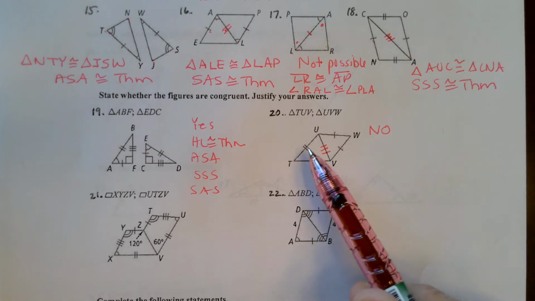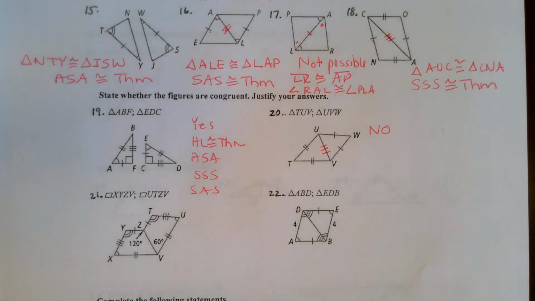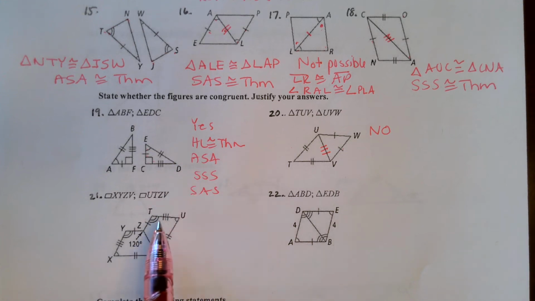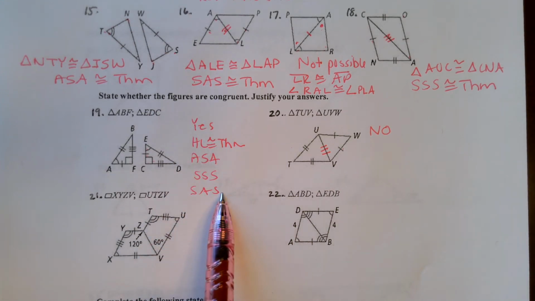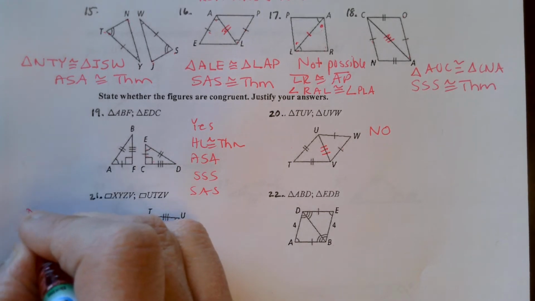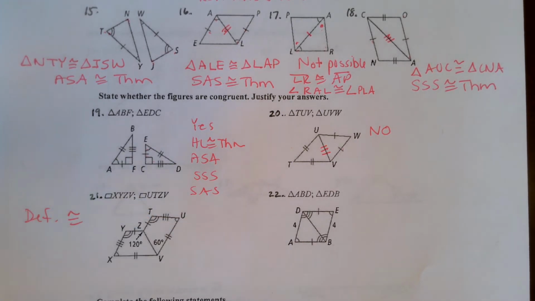That's not helpful. I need them to match in the other triangle. So that is not SSS. All right, oh, we got a fourth thing going on here. Okay, well, that's fine. We can't use these if we have four sides. These are just for triangles. But remember, the definition of congruence means all parts are congruent. Right? So if I have four angles and four sides that are all congruent, then they would be.